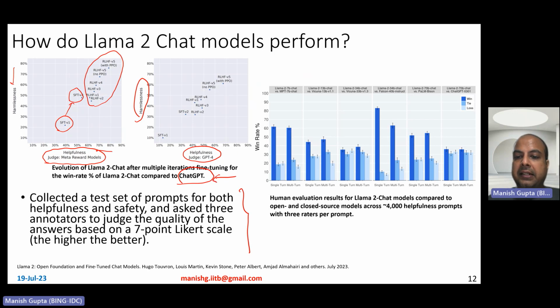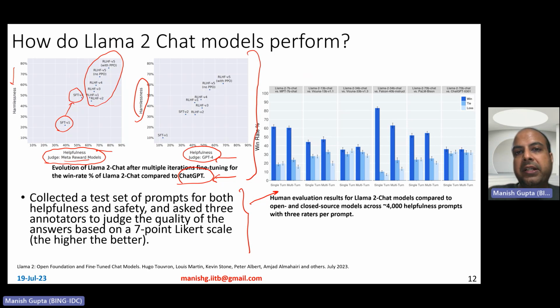But on the other hand, just for clarity, for these plots they have used automated evaluation. Only for this plot, the three human judges were used. Okay. So automated evaluation again was performed using Meta reward models or using GPT-4. You would say that, hey, using Meta reward models is cheating because they essentially just made the model learn based on those rewards. So why are you evaluating based on them?